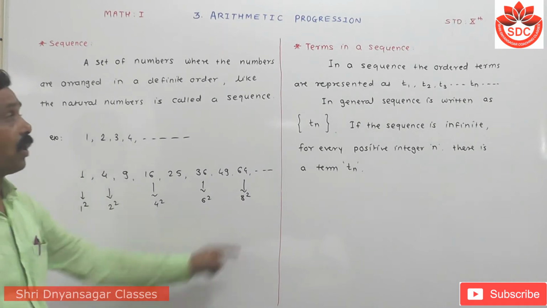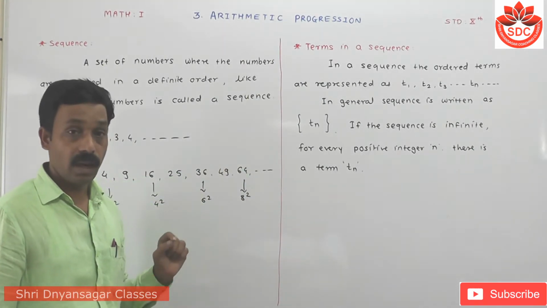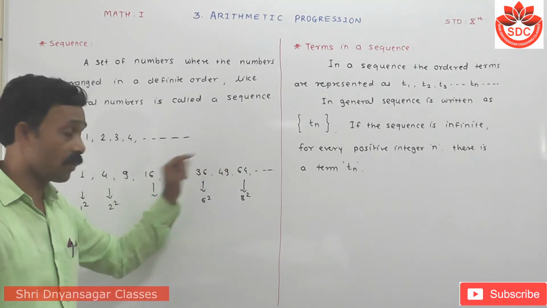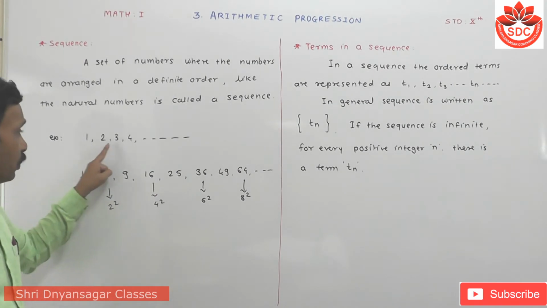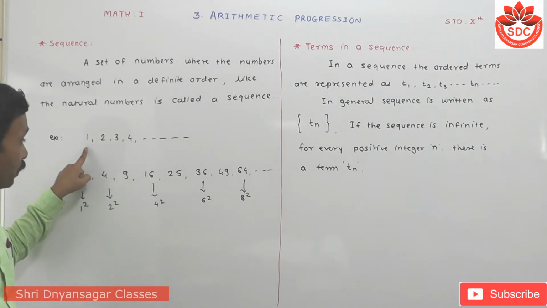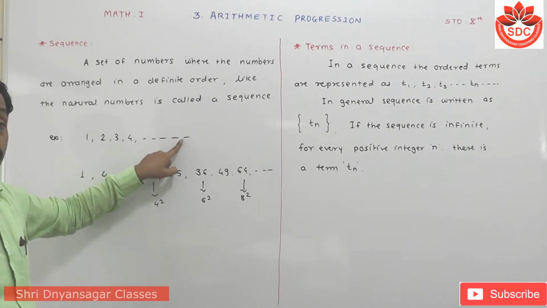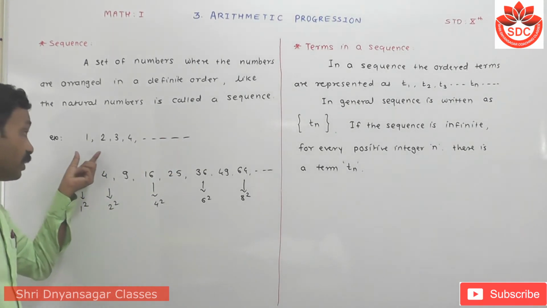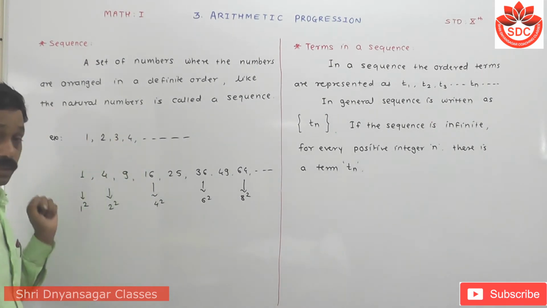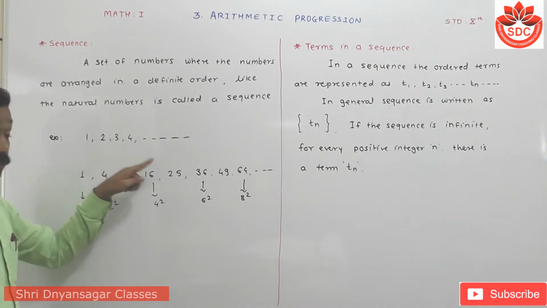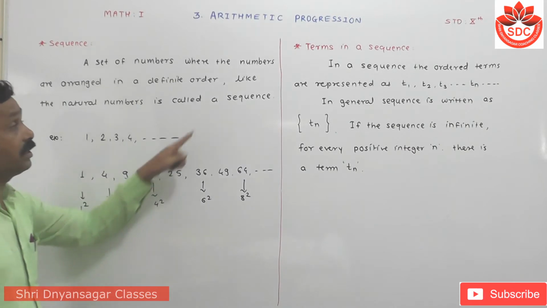Now, students, we discuss the terms in a sequence. Suppose this is the sequence 1, 2, 3, 4. This is the first term, second term, third term, fourth term. Then 10 is the 10th term. This position in the sequence is the term.